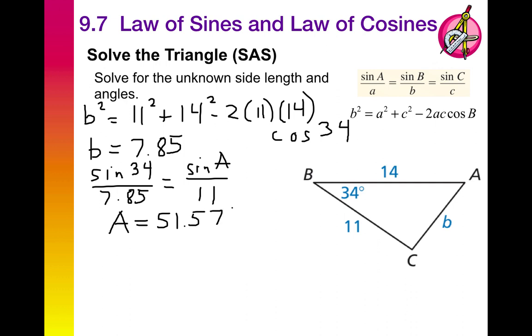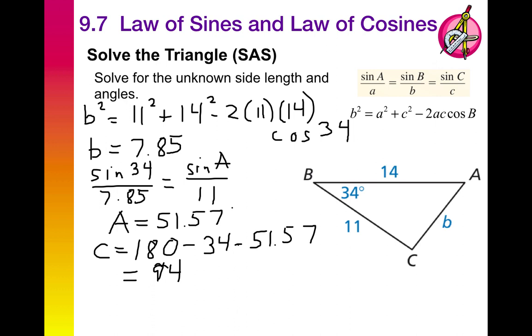To calculate angle C, all I have to do is just subtract out the other two angles. So I have 180 minus 34 minus 51.57. And I come up with angle C being 94.43.